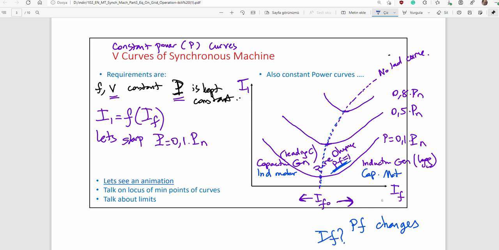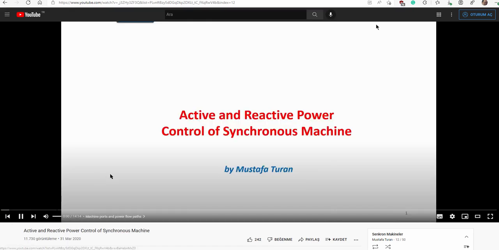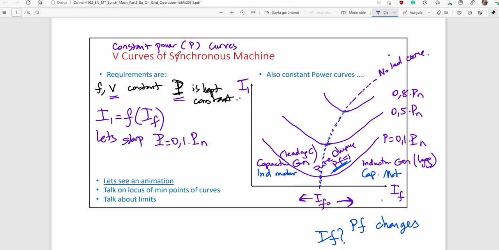In fact, we have already examined this topic in the active and reactive power control lecture. If you change field current, the machine will change reactive power.